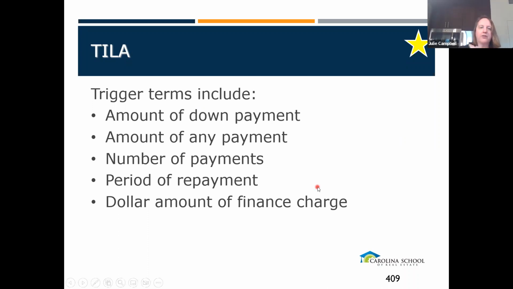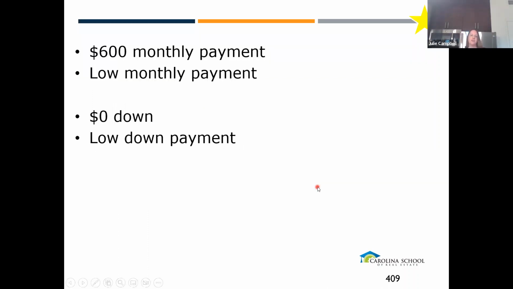So you hit these trigger terms. Again, just a couple examples. Do you guys see the difference? $600 monthly payment versus low monthly payment. What is that trigger term? It's the one where we mentioned $600. You guys see that difference? Zero down versus low down payment. That's what we mean about a specific number.